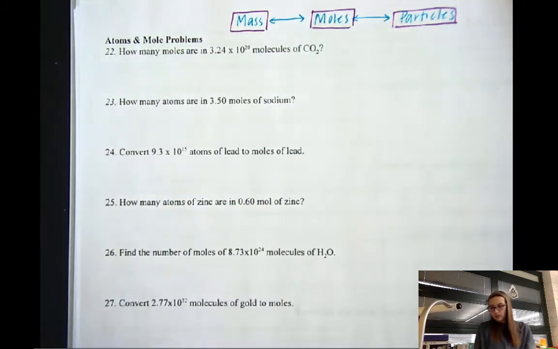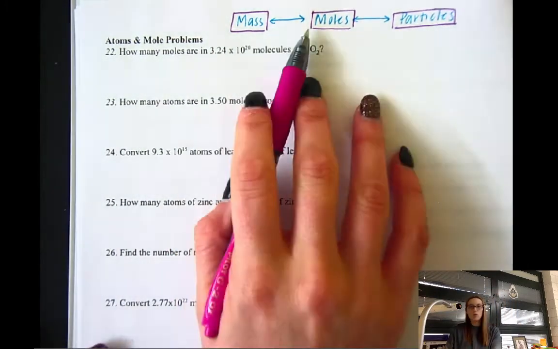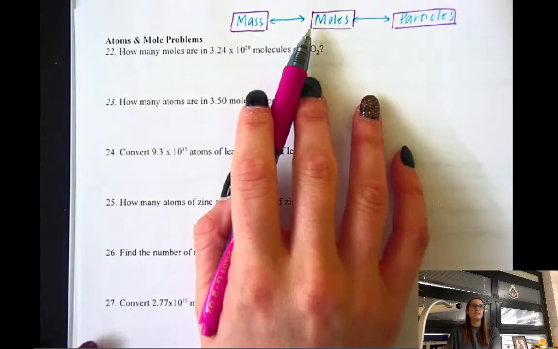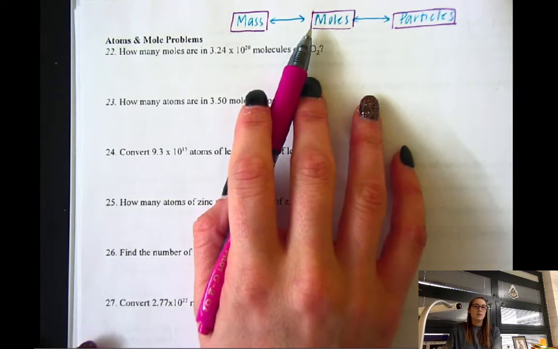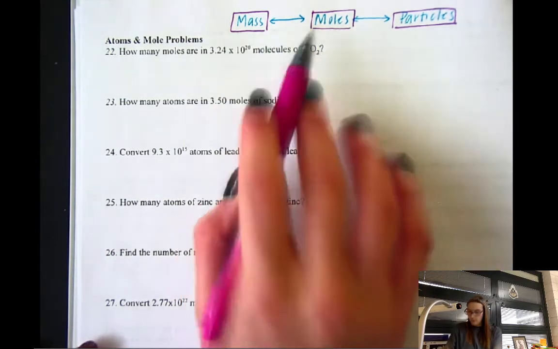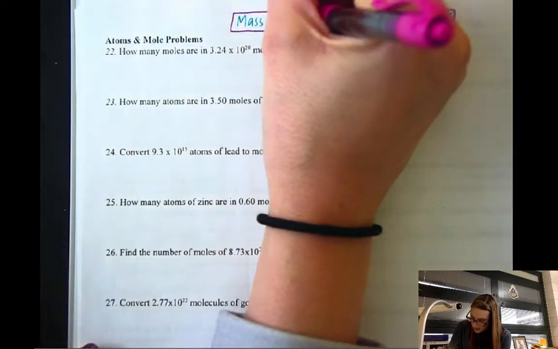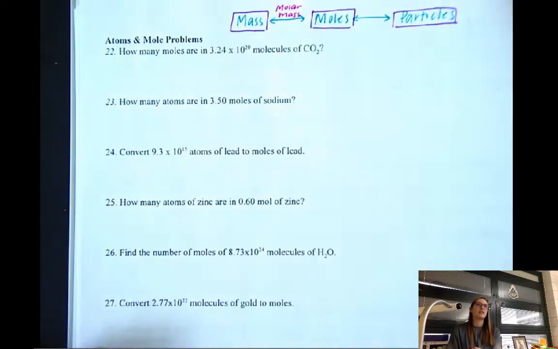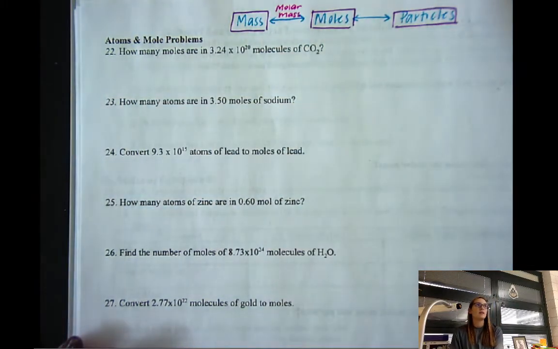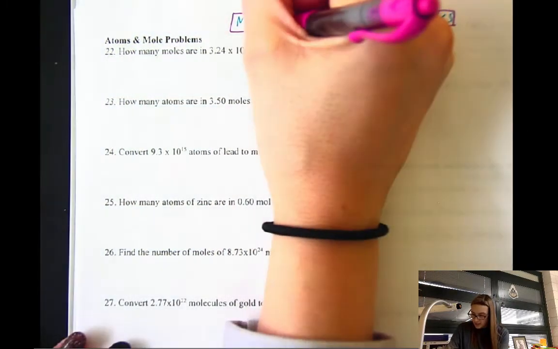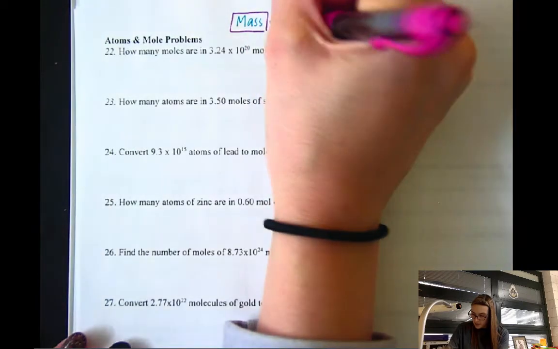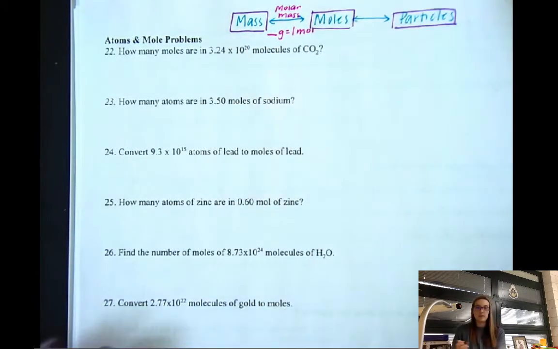So let's start by looking at mass to moles. All right, and we've looked at this already a couple times, because to go between mass and moles, we need to use the molar mass as a conversion factor. So the molar mass is the number of grams for every 1 mole.